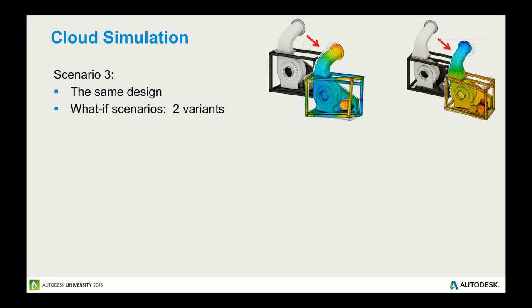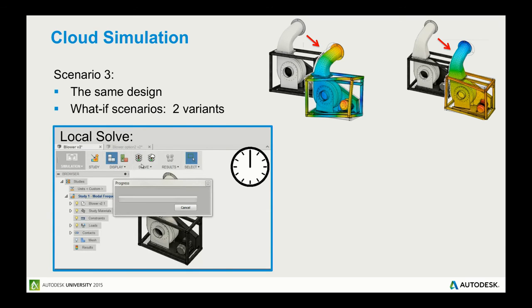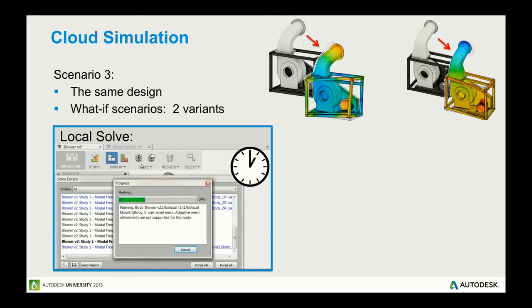But let's take a look, even with just 2 variants, at how it looks with the local solve. I'm going to call the first one, and now Fusion is really busy. I see the modal dialog, I can't do much here, and my entire computer is slow because all the CPU power is used to do the simulation calculation. So I'm waiting the same 4 hours for the results of the first local solve.